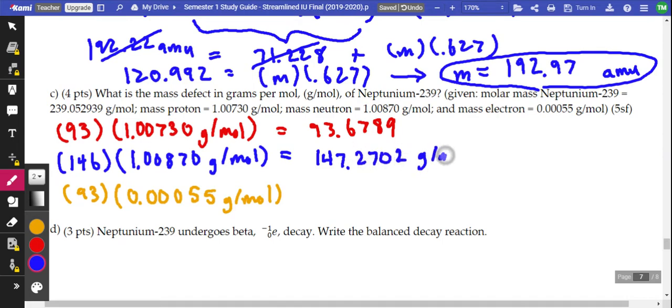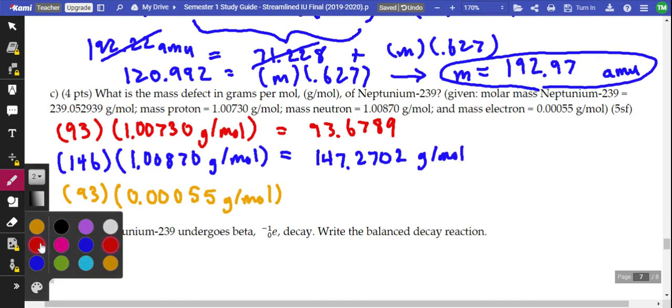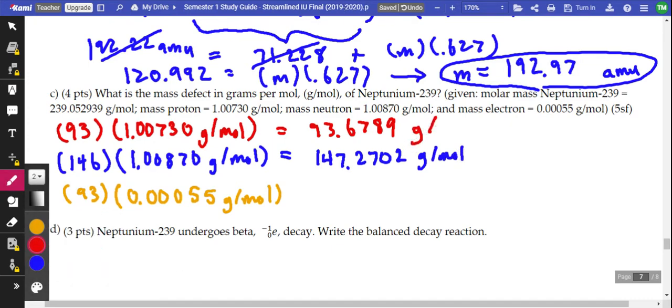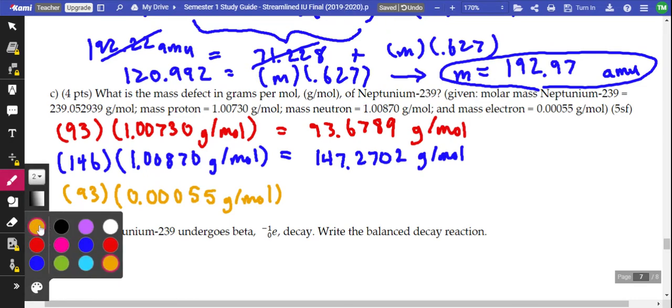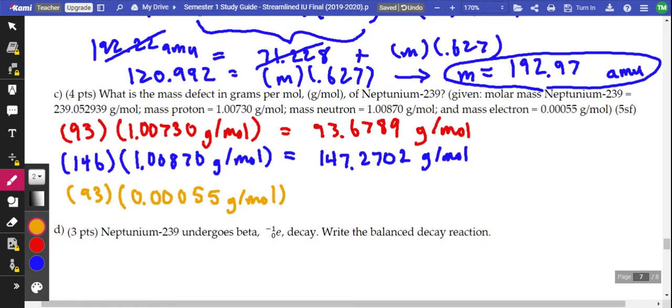Again, this is grams per mole. And then 93 times 0.00055 grams per mole. Let's see. It's going to be 0.05115.